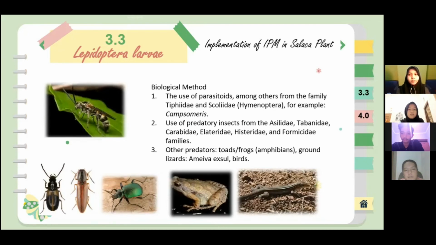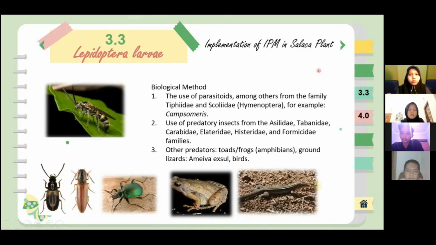Second, use of predatory insects from the Asilidae, Tabanidae, Carabidae, Elateridae, Histeridae, and Formicidae families. Third, other predators. Examples are toads or frogs or amphibians, ground lizards, for example Ameiva exul, then birds.